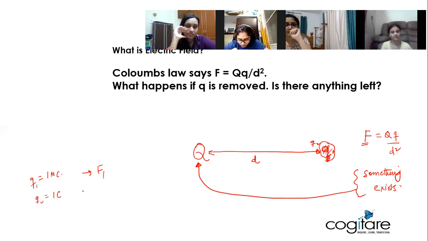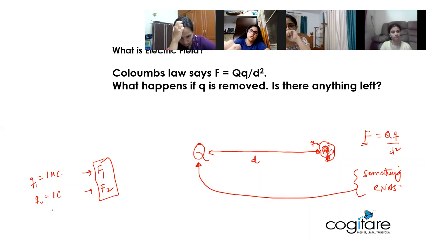That's going to be F2. What will you say as a comparison between F1 and F2? F2 is going to be stronger. Please follow the discussion. F2 is going to be much stronger than F1.